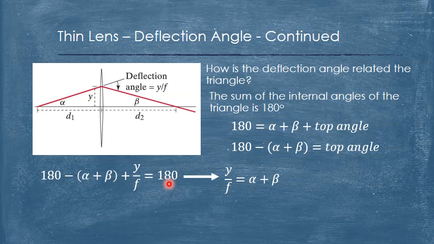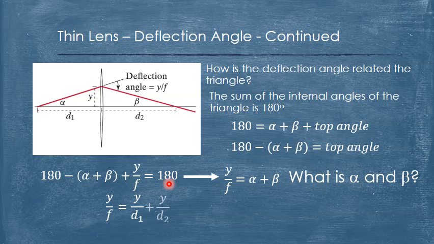The thing is, what are alpha and beta? I'm going to use the small angle approximation for them too. So alpha would be y divided by d1, and beta would be y divided by d2. Well, I have y's on both sides, so I can cancel that.